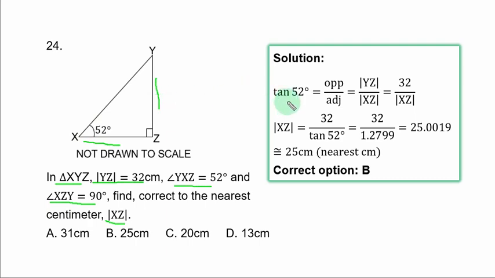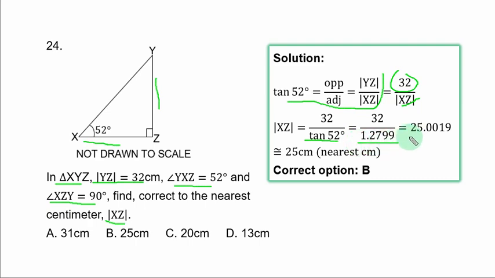So tan 52 degrees is equal to opposite over adjacent. You have it in this form. Opposite is 32, adjacent is SZ. To get SZ, you have to make SZ the subject, and you have it in this form. If you check tan 52 degrees, you have 32 over 1.2799.